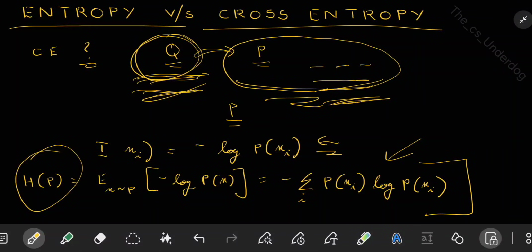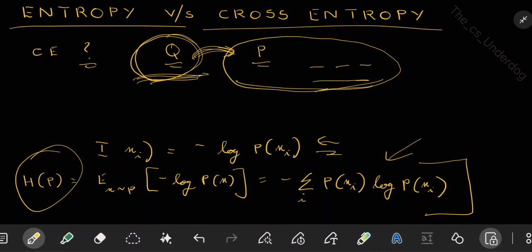Cross entropy is when you use code for Q, but if Q is very similar to P, then the average number of bits required will be the same as when the code was made for P. So this is the major difference between entropy and cross entropy.